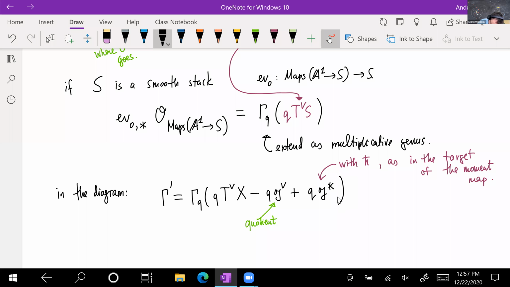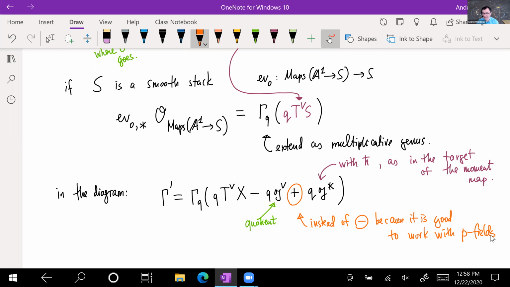And the reason is that we put plus instead of minus. Because it's much easier, this is good to work with P fields.